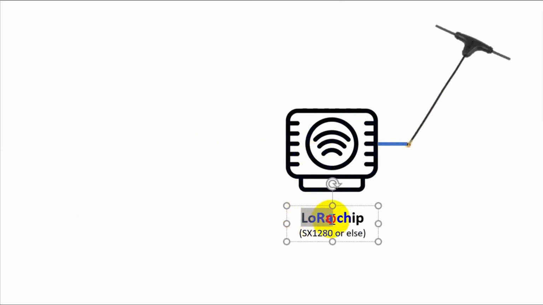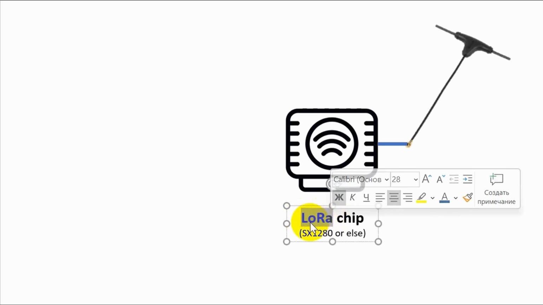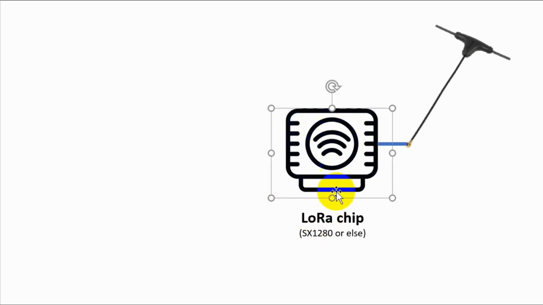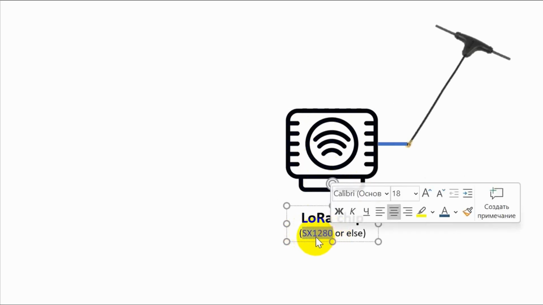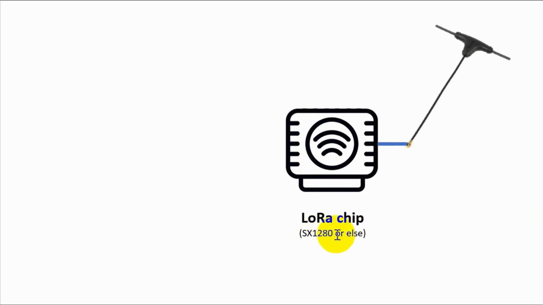It happens that LoRa is a technology under patent, so there are not a lot of different chips that provide LoRa modulation. Typically for ExpressLRS the SX1280 is used, but there are some different options.